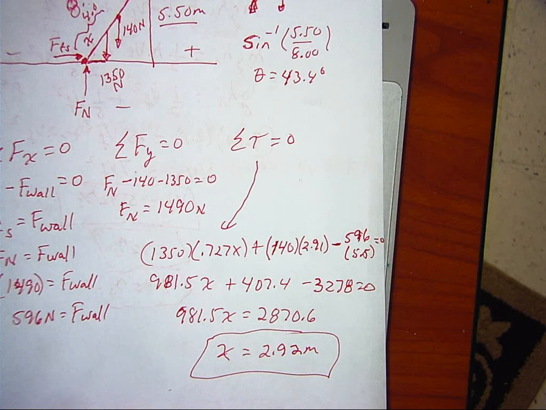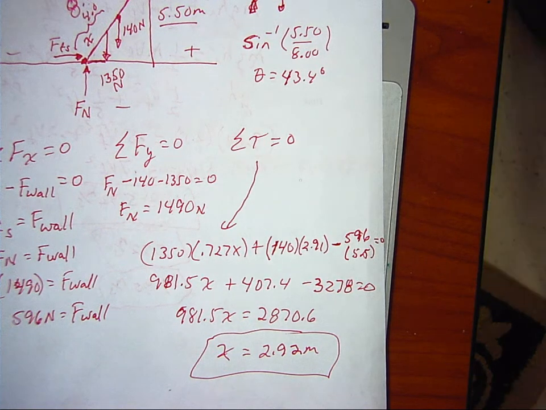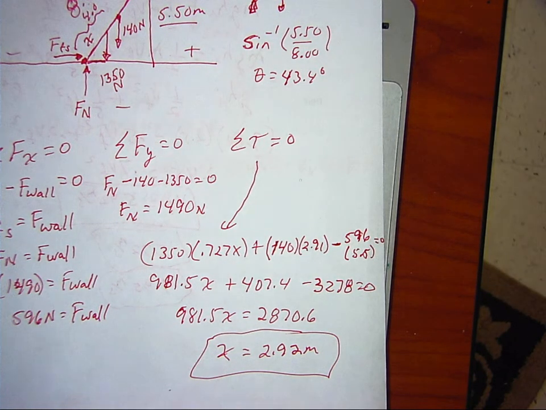So our painter can go about 2.92 meters up the ladder before it starts to slide.